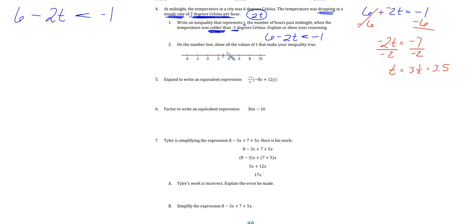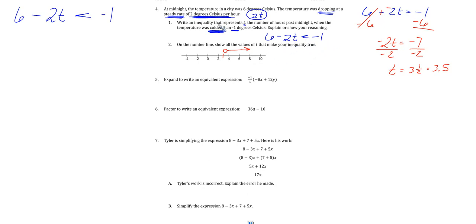Here's 3, so 3½ would be right about here. One hour past midnight, if it starts at 6 and it's losing 2 per hour, that's 4. Another hour it's at 2, and another hour it's at 0. So at 3, it's going to be at 0. We have to wait till about that halfway mark between 3 and 4 before it gets to our -1 point. And any time past that, it's going to be colder than -1, less than -1.